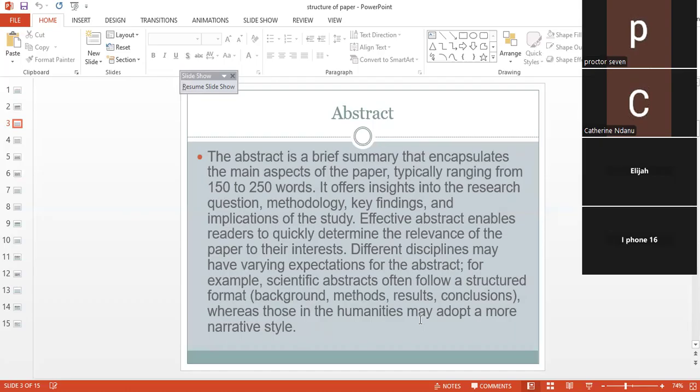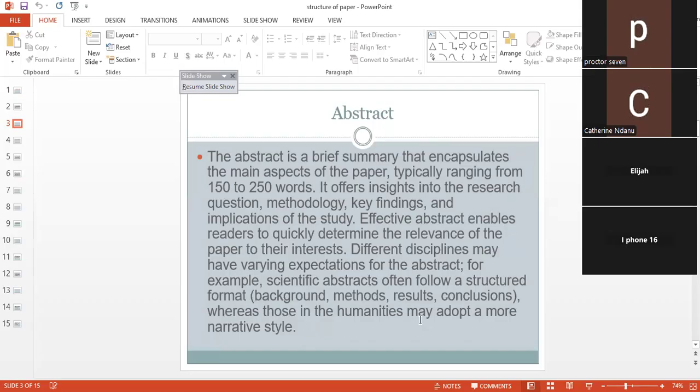An effective abstract enables readers to quickly determine the relevance of the paper to their interests. So when somebody is looking for a paper for their study, just by reading the abstract, they are able to know whether this paper is relevant to their topic or not.